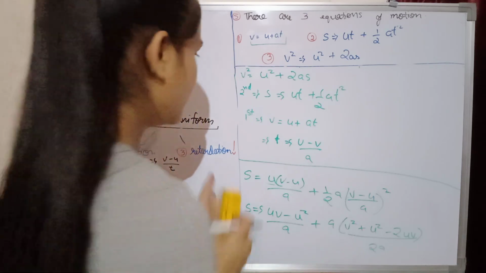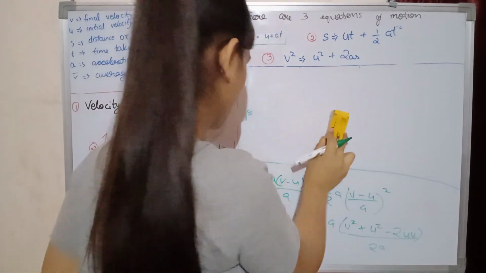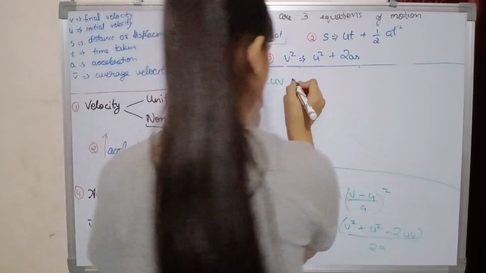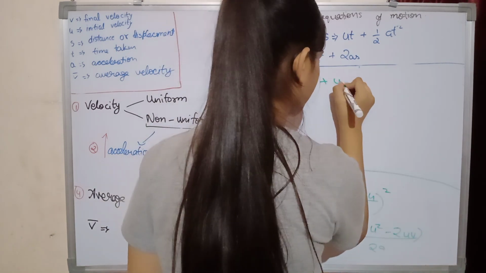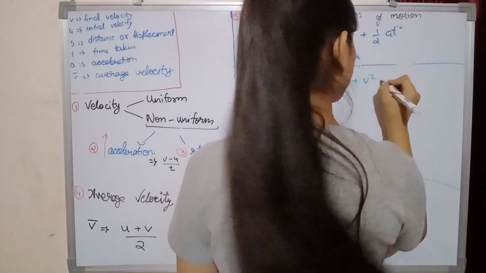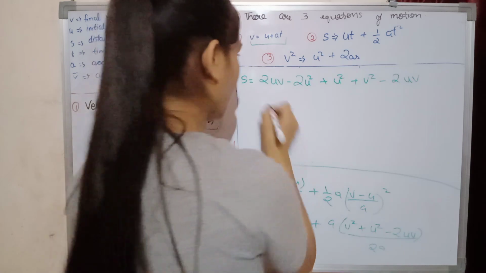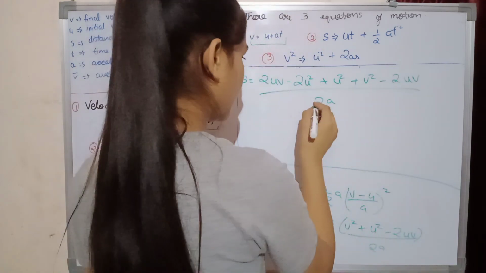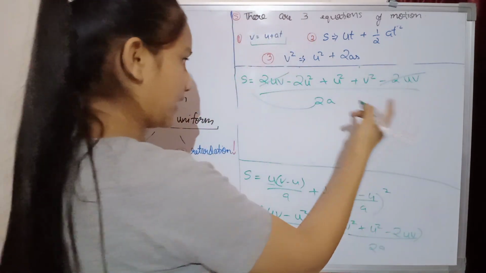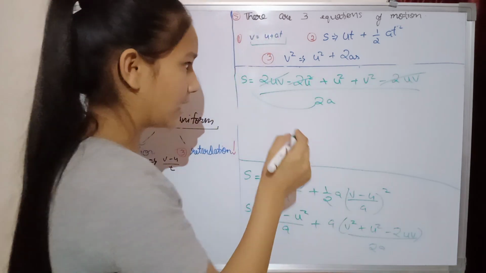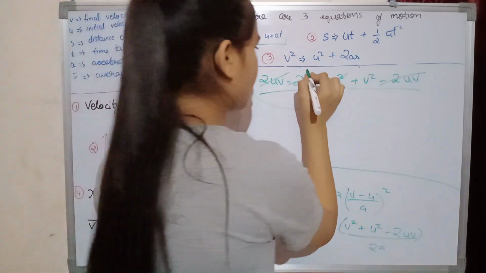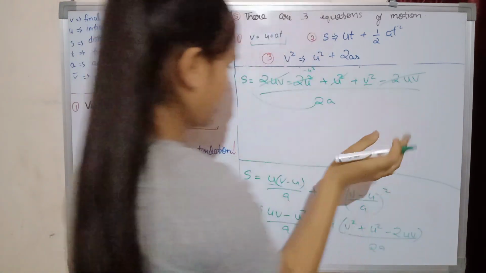Now we can easily solve this like S is equals to 2UV minus 2U square plus U square plus V square minus 2UV, upon 2A. Now this 2A will shift up, and plus 2UV will cut minus 2UV, and minus 2U square plus U square leaves minus U square. Now here remains minus U square, and V square is remaining here also.